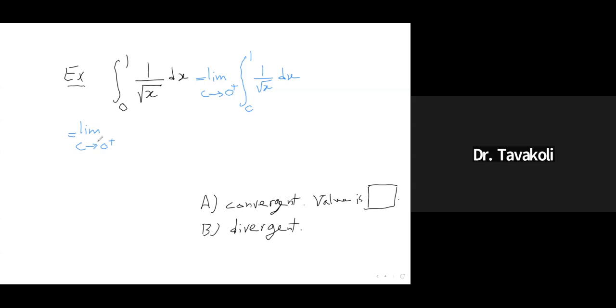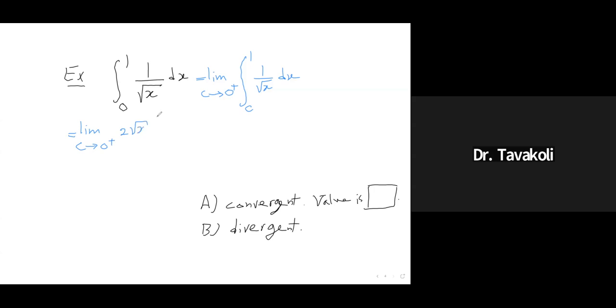Do you remember what was antiderivative of 1 over radical x? Just as a reminder, radical x is x to the power of 1/2. Therefore, 1 over radical x is x to the power of minus 1/2. And if you use the power rule, you have seen this even in Calc 1, we get 2 radical x.